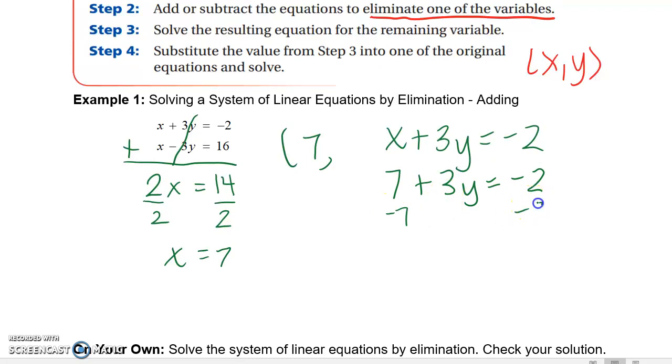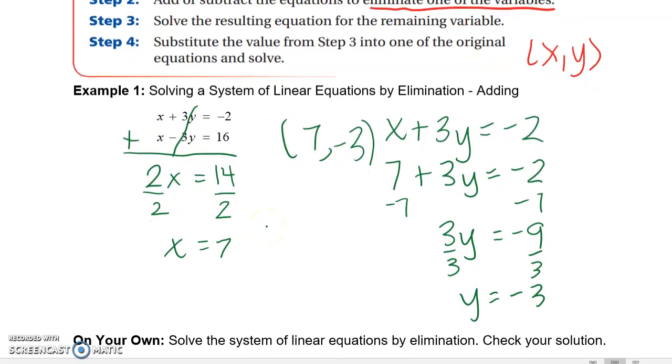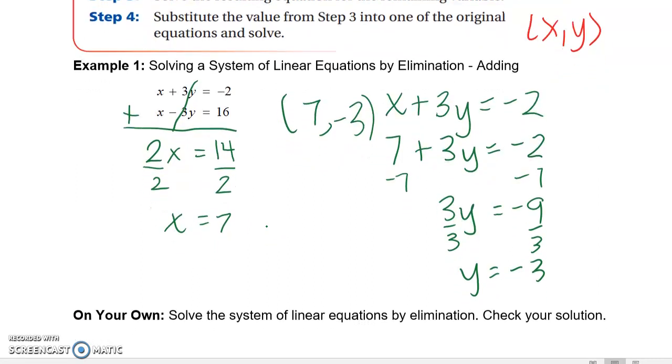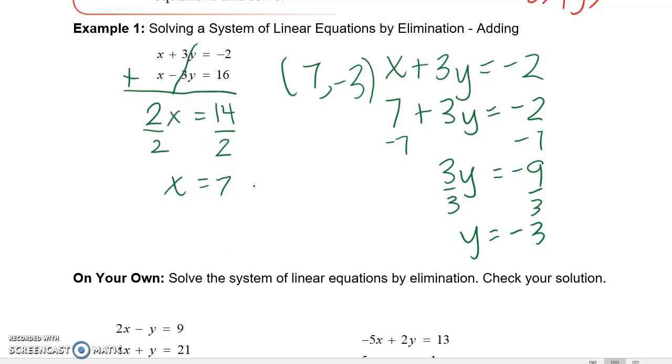Subtract 7. 3y equals -9. And y equals -3. Now you can check that answer and make sure it satisfies both equations. Try these next two on your own. Pause the video and we'll pick up on the next page.